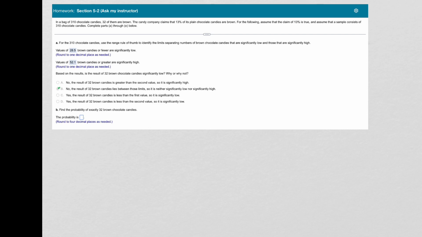Now it asks us to find the probability of exactly 32 brown chocolate candies. So here's where I'm going to use my binomial PDF function in the calculator. So we're calculating the probability of exactly 32 successes. And so because there's only the one value here, that's when I use binom PDF.